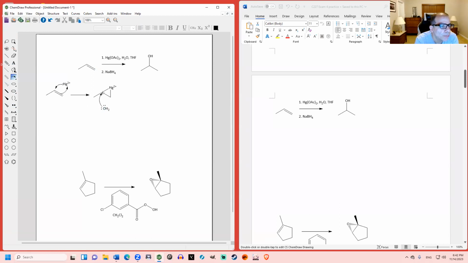So we take one of the lone pairs on the water oxygen, we attack the more substituted carbon. That's why we get the Markovnikov alcohol, because the water attacks the more substituted carbon. That pushes an electron pair onto the mercury 2 ion and reduces mercury 2 to mercury 1.